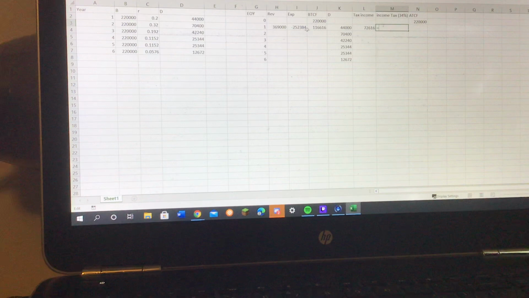So that'll be our before tax minus our depreciation. And that should, hopefully, I'll double check my values here. 72,616. Hey, that's what we had before. So actually what I'll do now is I'll fill in our other stuff.